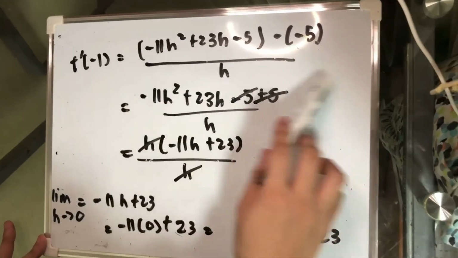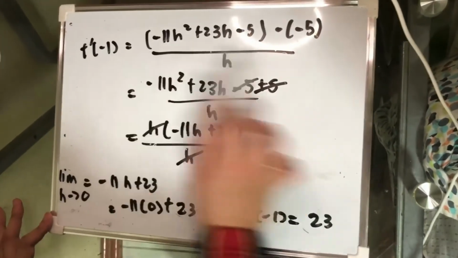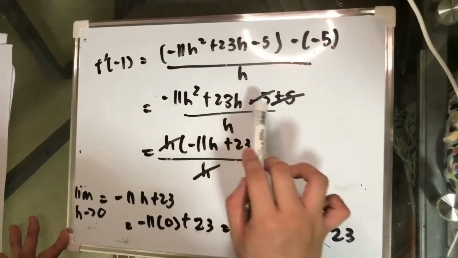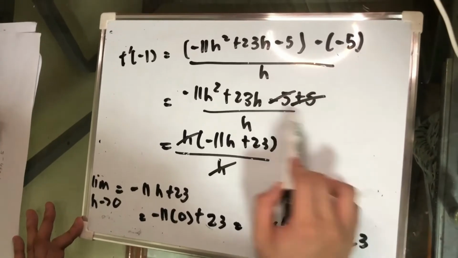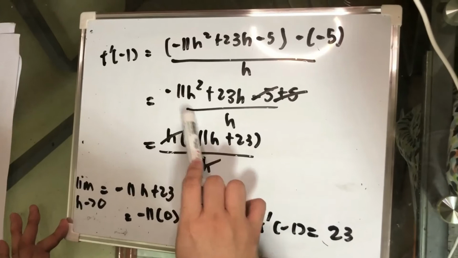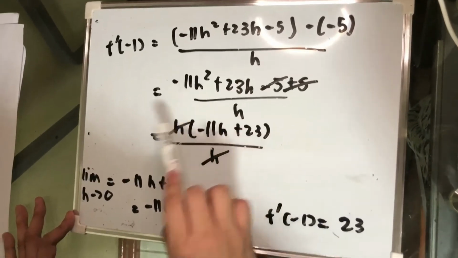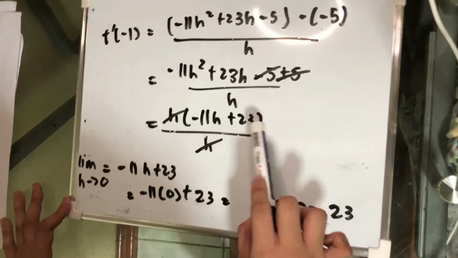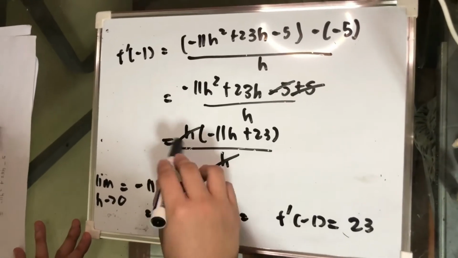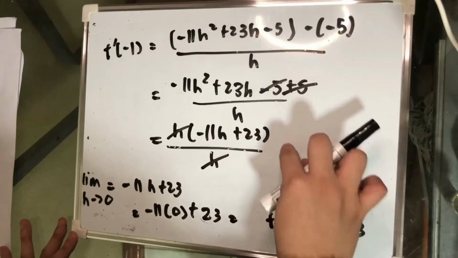So put the values to the formula. Negative 11h squared plus 23h minus 5 plus 5, this can be cancelled out, and these two have the same term, which is h. So h will bring out negative 11h plus 23. h and h can be cancelled out since these two are not in the same position.